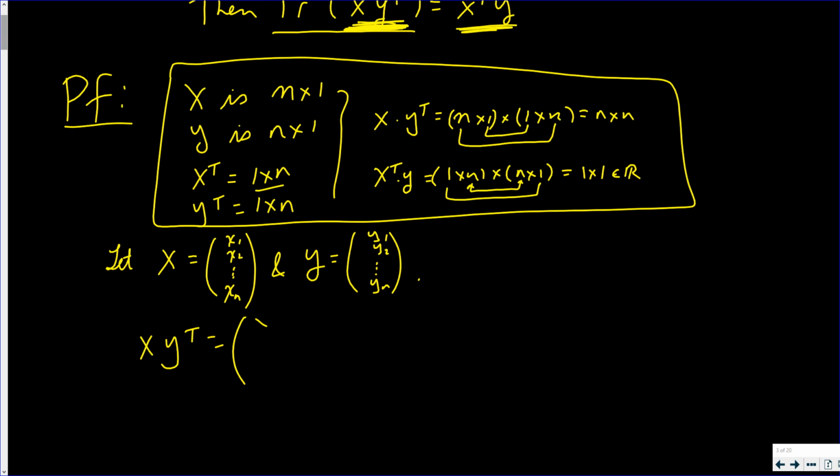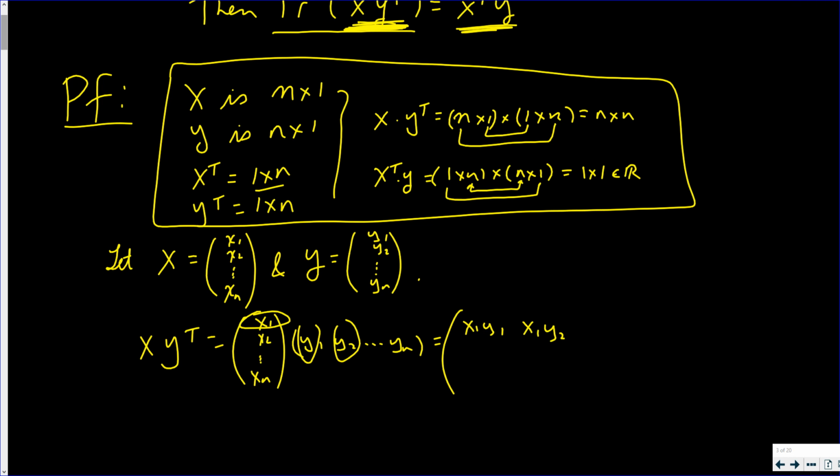Well, it will be x1, x2, all the way up to xn times Y transpose, which will be y1, y2, up to yn. And when I multiply the first row by the first column, I get x1 y1. When I multiply the first row by the second column, I get x1 y2. When I multiply the first row by the last column, I get x1 yn.